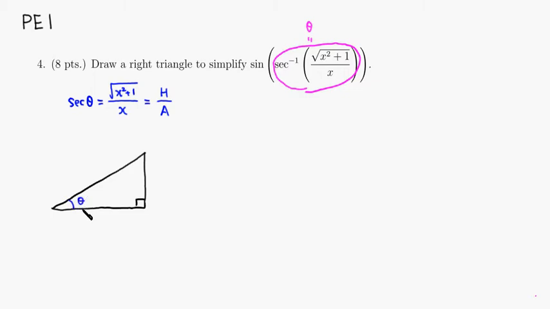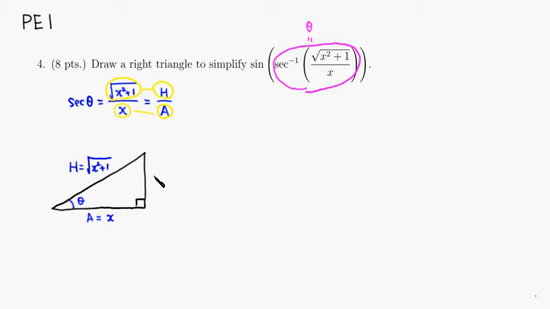So we know the adjacent, we can just match these up. Match that with a, and match the square root of x squared plus 1 to the hypotenuse. So that's going to be x there. Hypotenuse h is going to be square root of x squared plus 1.